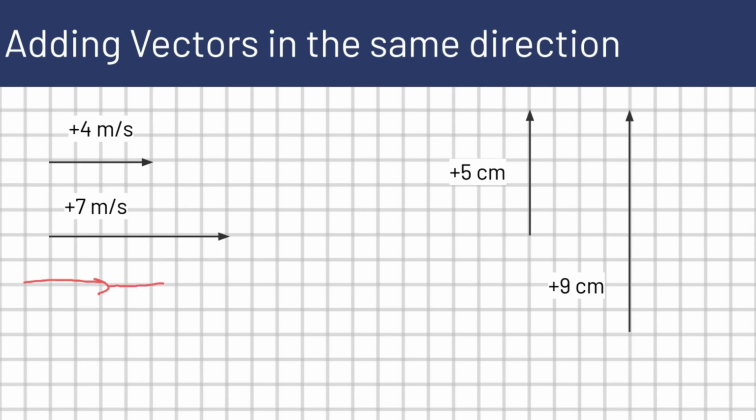Then we go 1, 2, 3, 4, 5, 6, 7. And then our resultant vector is going to be the addition of those. So we start back here and we have 1, 2, 3, 4, 5, 6, 7, 8, 9, 10, 11. And so our resultant vector is 11 meters per second, and that is, we'll say, to the right.